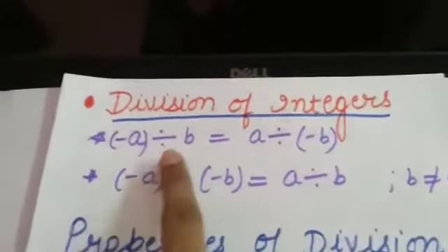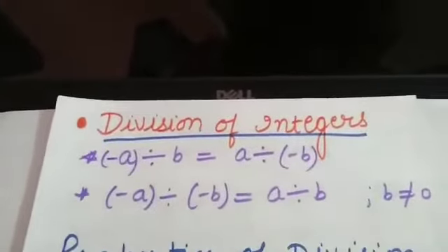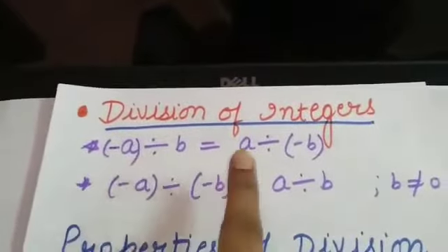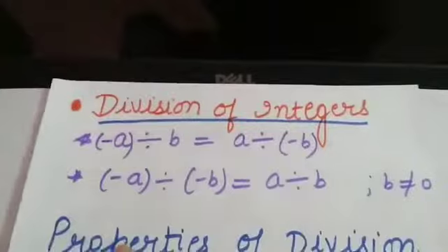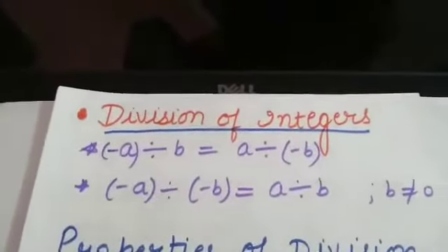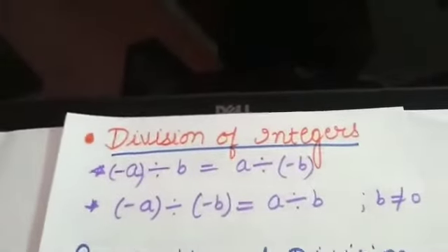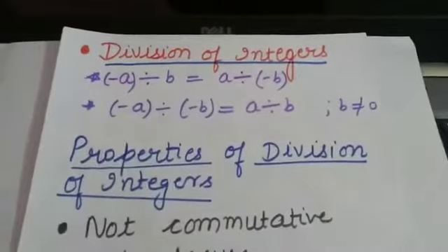So make sure that the denominator must not be 0 in every case. So this is how to divide integers. If you are taking one negative and one positive, the answer is always a negative integer. And if you are taking two negative, or two positive integers, the answer is always a positive number. Okay?